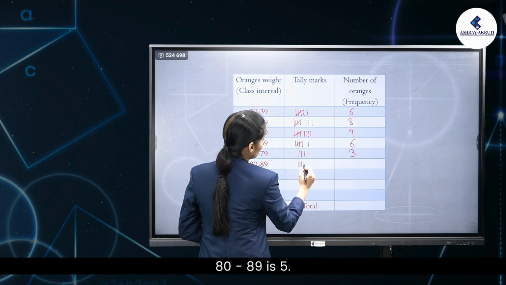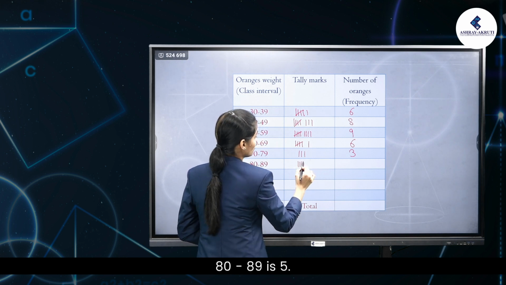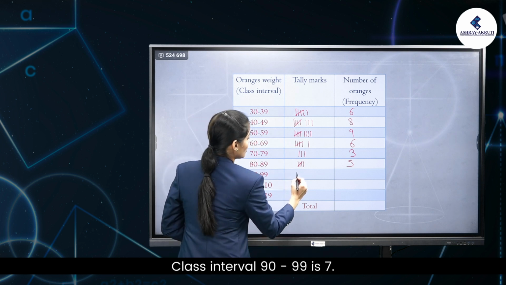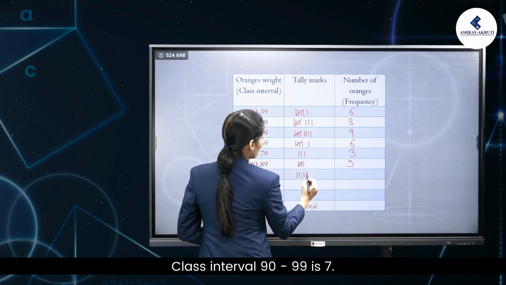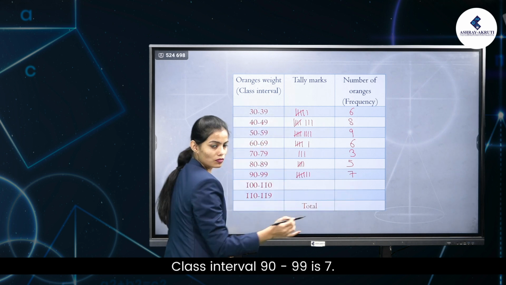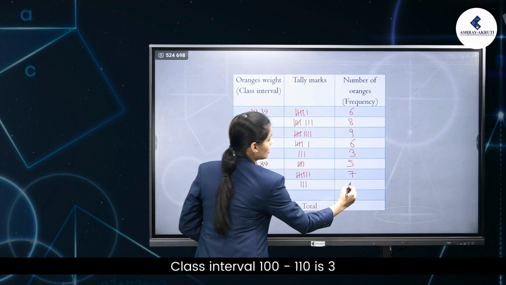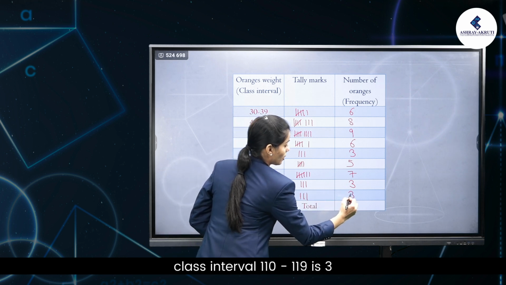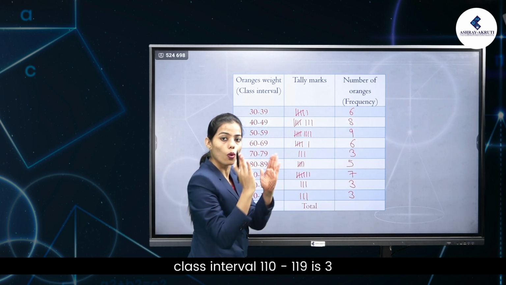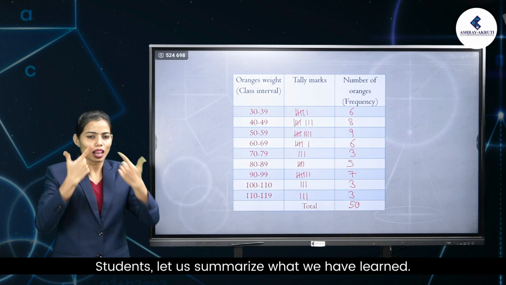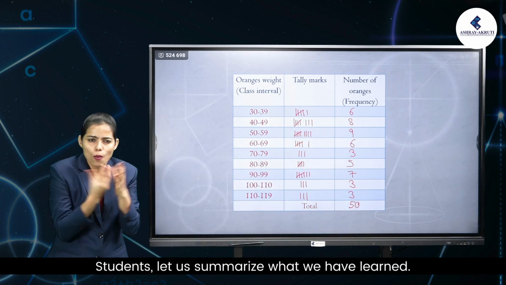Class interval 80 to 89 is 5. Class interval 90 to 99 is 7. Class interval 100 to 110 is 3. Class interval 110 to 119 is 3. Total 50. Students, let us summarize what we have learned.